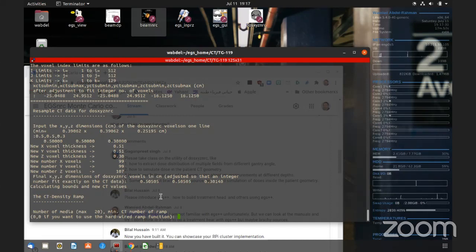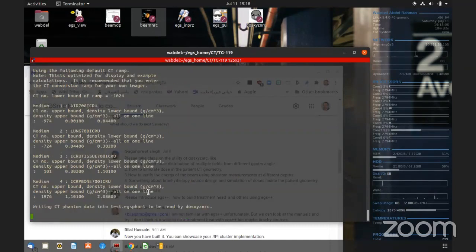We can use actually a default, some sort of a ramp function that they have encoded. So if we wanted to use that, I'm going to put 0 and 0. But if I want to use a different ramp, I think with this ramp we have 4 media. But if, for example, I decide to use 6 media, okay, then we need to make our custom way. So this is 0 and 0, okay.